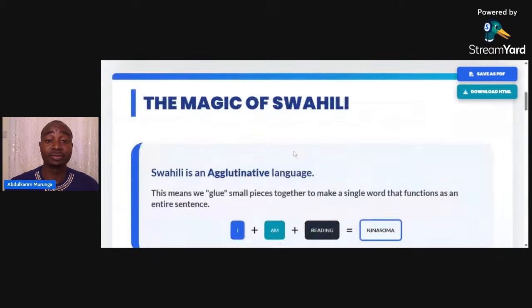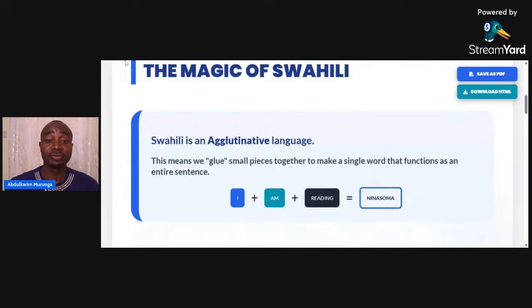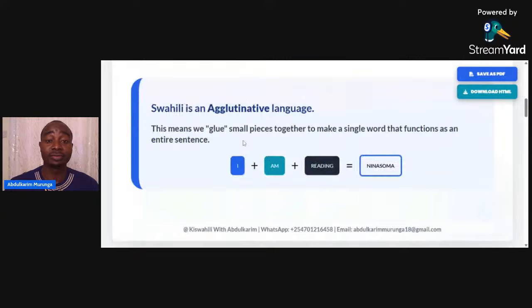Now in Swahili, we have the magic of Swahili. Swahili is an agglutinative language. This means that we glue small pieces together to make a single word that functions as an entire sentence. That's so amazing. So we have, for example, I am reading.